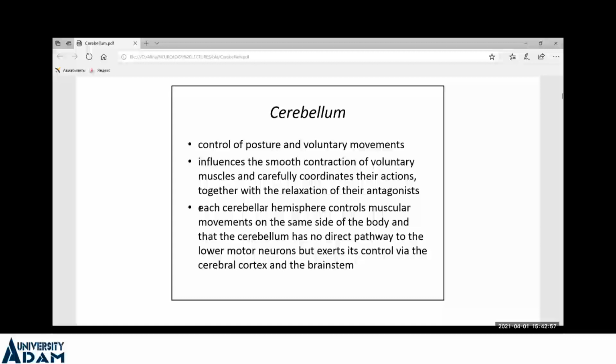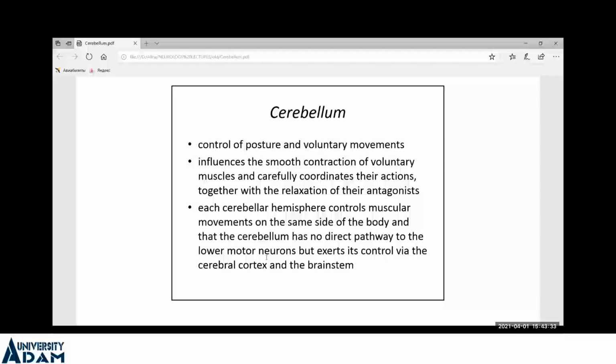That means that, for example, the brain hemispheres control the opposite side of the body, the contralateral side, right? The pyramidal tract. But the cerebellum controls the same side of the body, because the cerebellum has no direct pathway to the lower motor neurons. As you remember, the origin of the lower motor neurons was in the peripheral nervous system, right, guys?